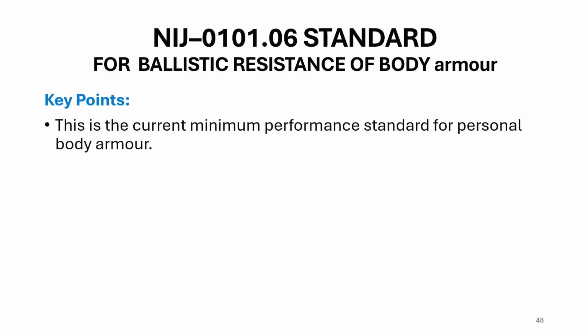Now, let us try to understand the different levels. The key points which we have discussed here: ballistic resistance of body armor. The key point is that this is the current minimum performance standard for personal body armor.